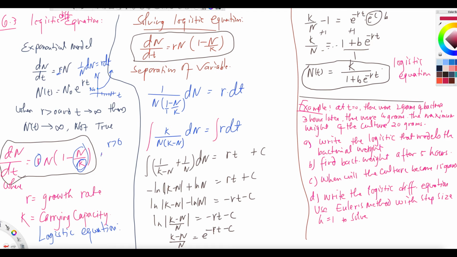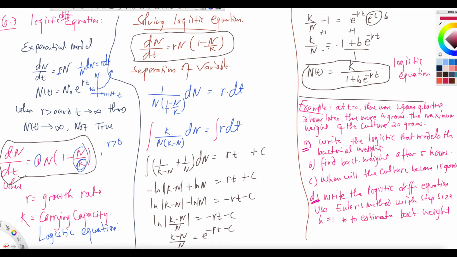And you want to write for t equals 0 what is the exact value, because the exact value will be obtained from part A. And then the approximate value will be obtained from part D, using Euler's method with step size to estimate the bacterial weight.